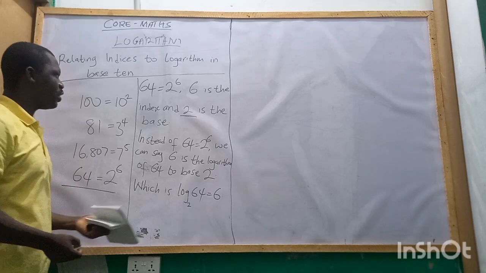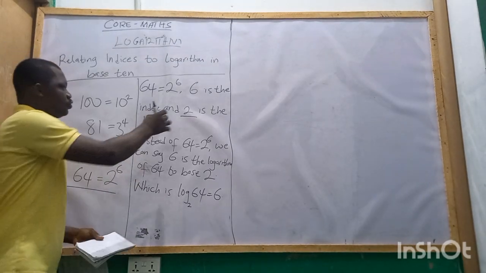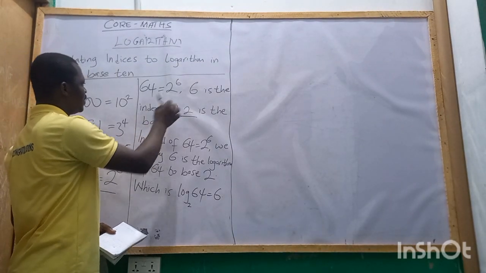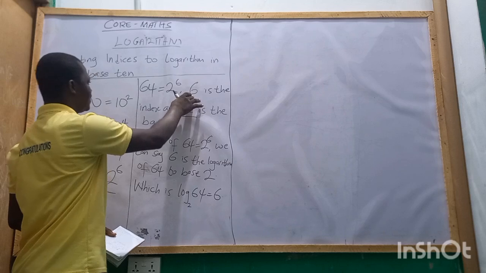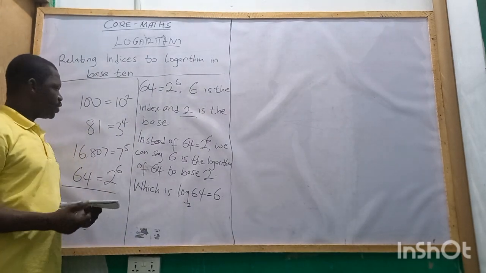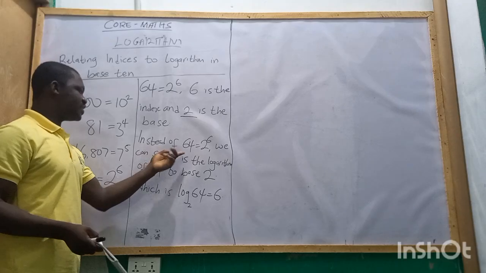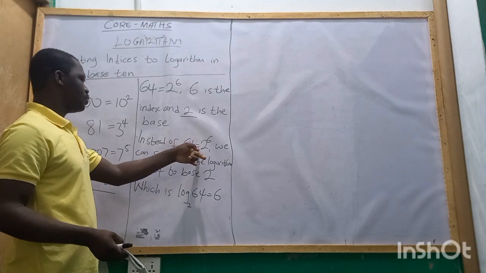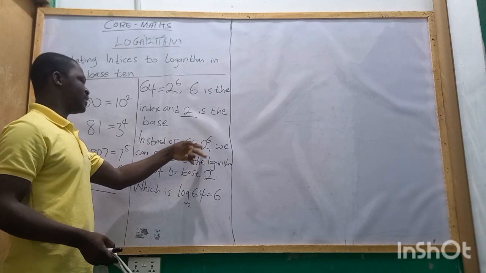Let's take note of these things. So we have 64, which is equal to 2 exponent 6.